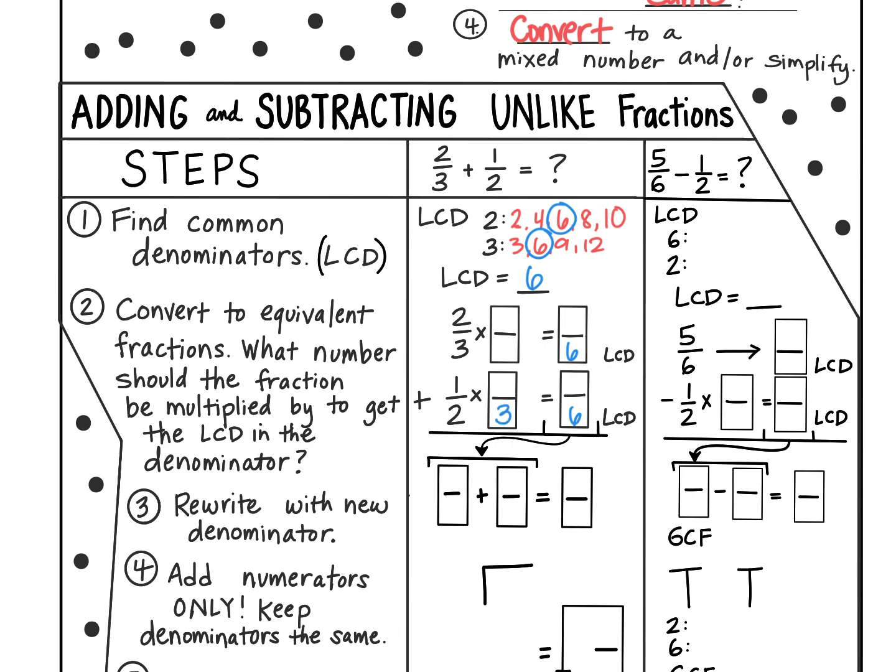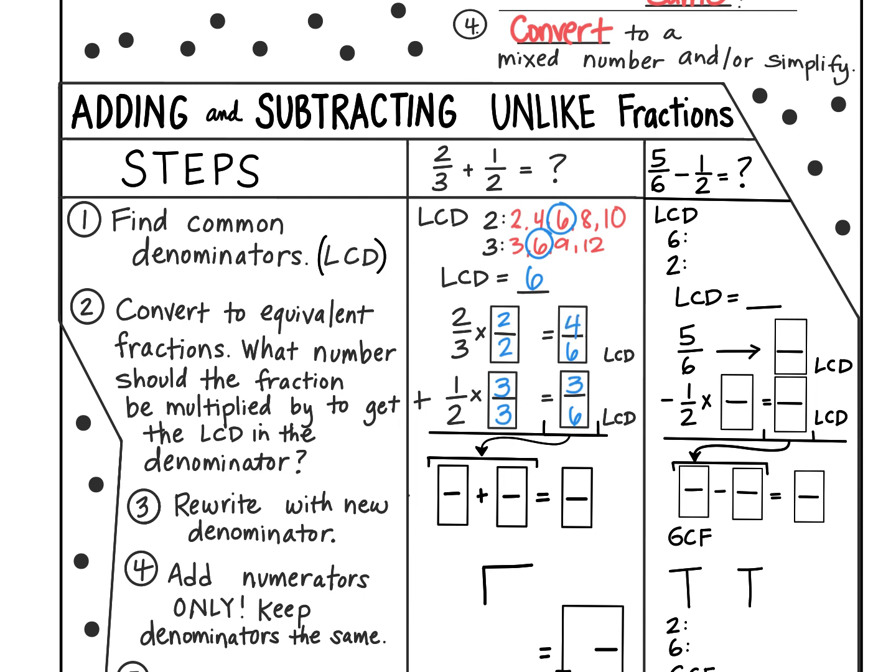We've talked about whatever I do to the bottom, I have to also do to the top to make that an equivalent fraction. So now 1 times 3 gives me my numerator of 3. Up here, 3 times what equals 6? We know that 3 times 2 equals 6, so I do the same thing to the top, and 2 times 2 gives me my numerator, which is 4.